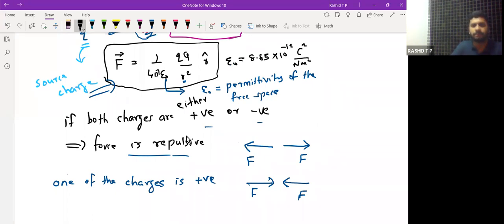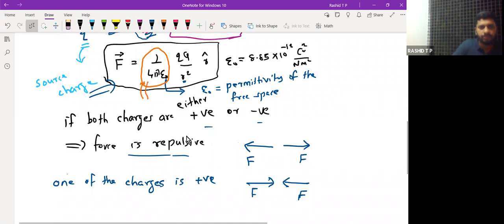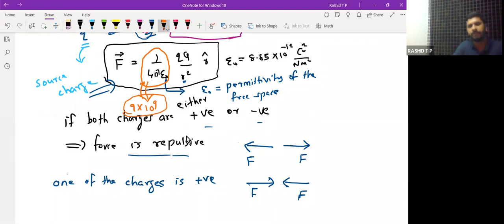Here the coulomb is the unit of charge, not centimeter. While solving problems, instead of 1 by 4 pi epsilon 0, we will substitute the value 9 into 10 power 9.